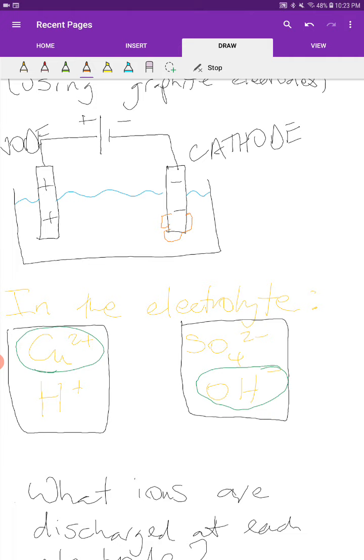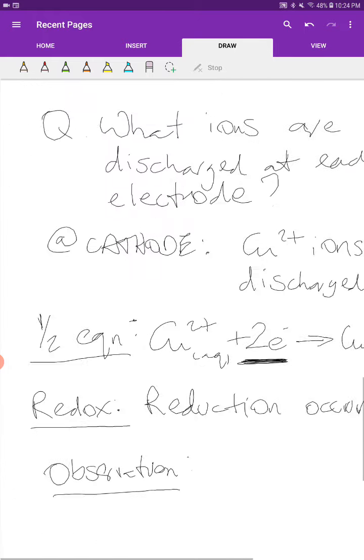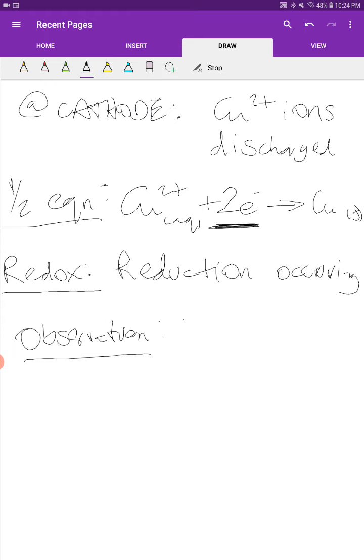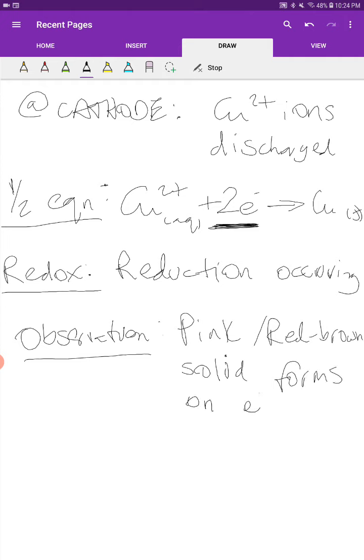As a matter of fact, freshly formed copper is actually quite pink, and then after a while it becomes reddish brown or orange. So if you don't remember the pink and you just say reddish brown, that's perfectly fine. Or orange, that's fine. So what's your observation? And all of this is happening at the cathode.